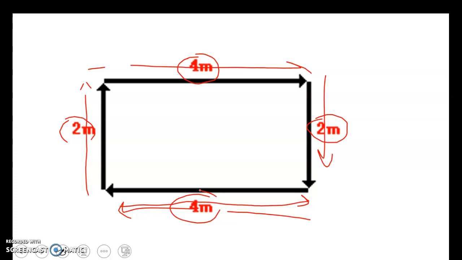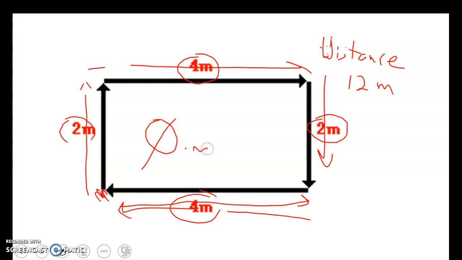So our distance is 12 meters. But our displacement, on the other hand, is where we started and where we finished, and we start and finish at the same place, which means our displacement is 0 meters. We have not been displaced at all. So even though we've walked 12 meters, we have no displacement.